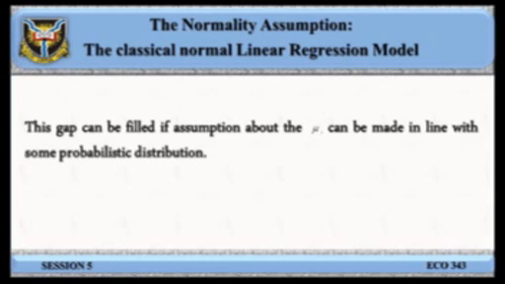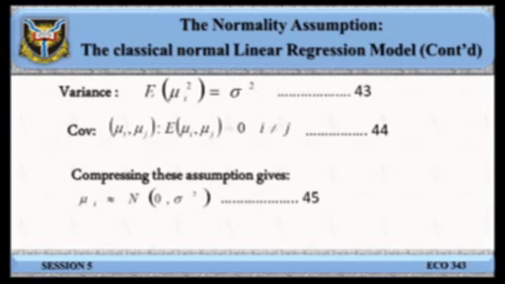The classical normal linear regression assumes that each mu i is normally distributed with mean such that E into bracket mu i is equal to 0, equation 42. Variance such that E into bracket mu i squared is equal to standard deviation squared, equation 43.